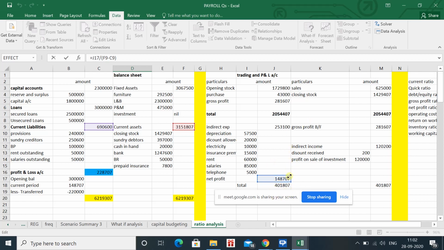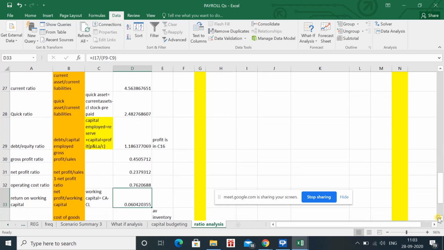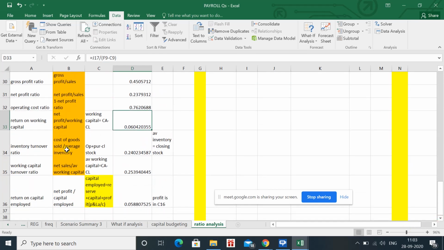J17 is showing the net profit divided by the current asset, that is F9, minus current liabilities, that is C9. So this is the return on working capital.